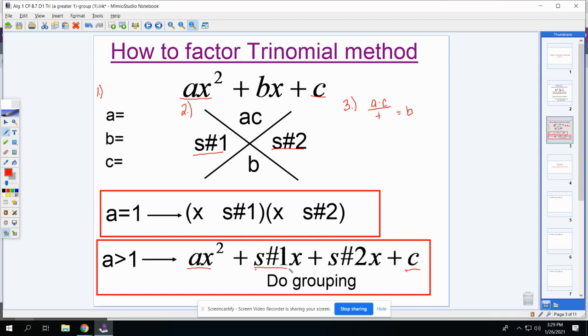Then we're going to have our left side with an x in it. Notice that x, that's very important. And then our second side here, our right side, with an x as well. So a little bit different than what we did last week. The biggest thing I can tell you here is to remember, always remember to include an x with your 2 numbers. All right. Once we get in this form here, then we'll be doing some grouping.